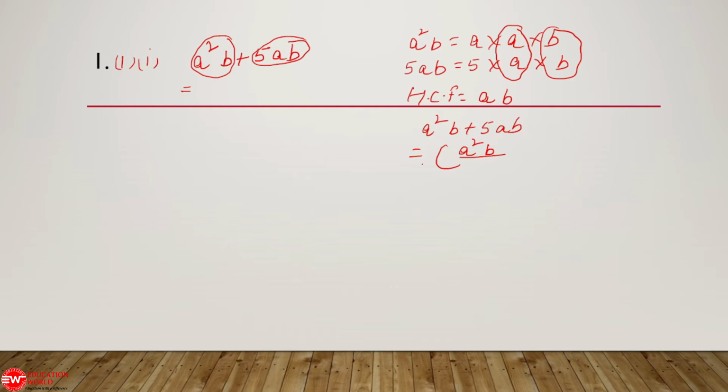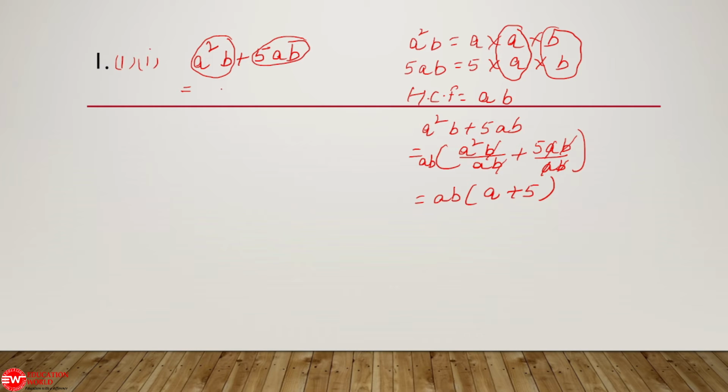We will write the HCF outside and divide both the terms, or 3 terms or 4 terms, whatever, with the HCF. Like this. So b and b cancel, and in a square, one a is cancelled out, so what is left is a plus 5. So this is the HCF method.